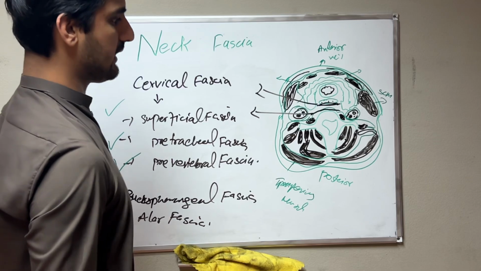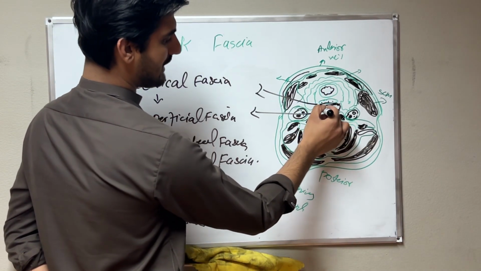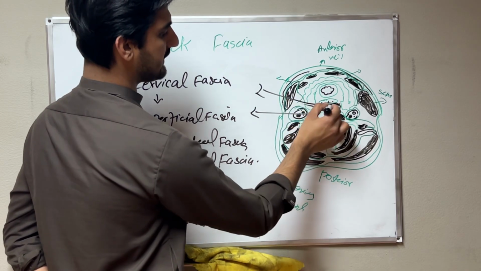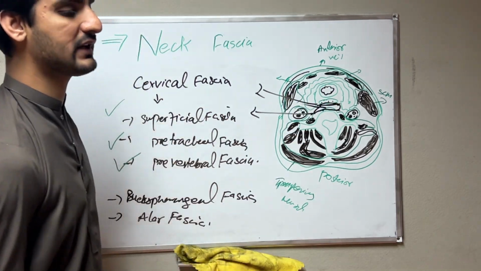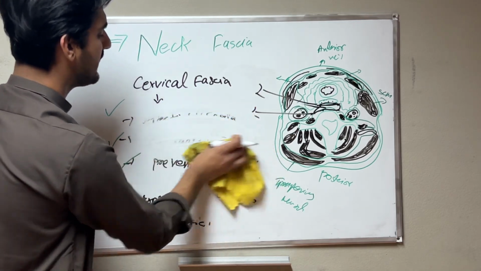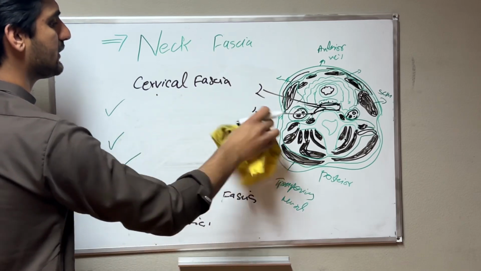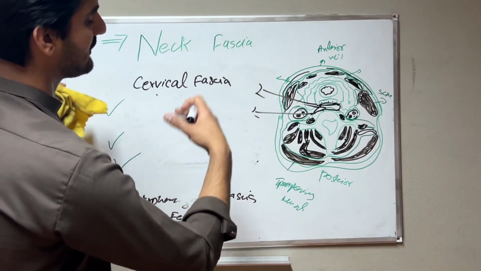Between the esophagus and the prevertebral fascia, and between the buccopharyngeal fascia and the alar fascia, there we have one space, and this space is the retropharyngeal space. This retropharyngeal space is very important during surgery, when we dissect the cervical vertebra.